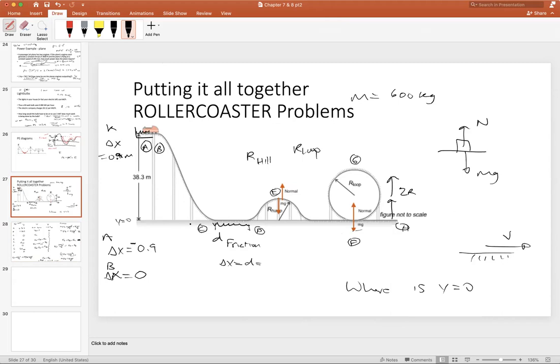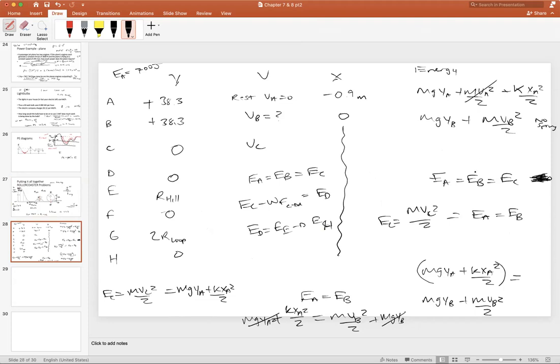And then you can find the work of friction, and you can find the total energy at D and the velocity at D. And once you have that, whatever the energy at D, let's say, is now 330 joules. The energy at D, at E, at F, at G, and at H is all 330. But that's equal to the potential energy plus the kinetic energy. And you can do what we're doing. And all you do is all this over and over and over again.